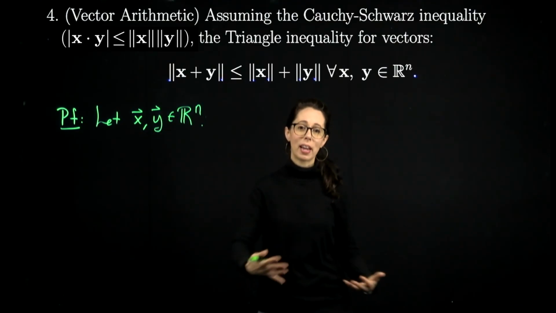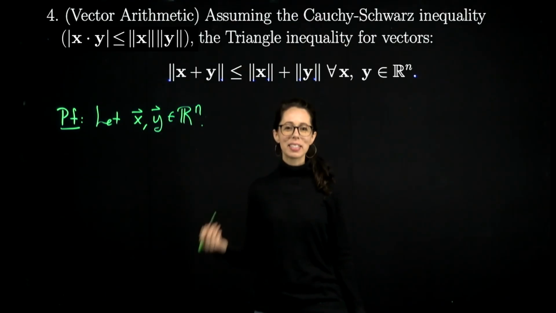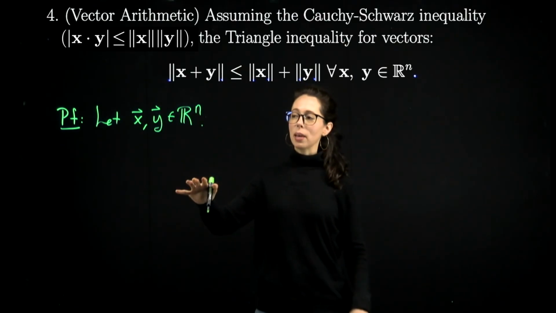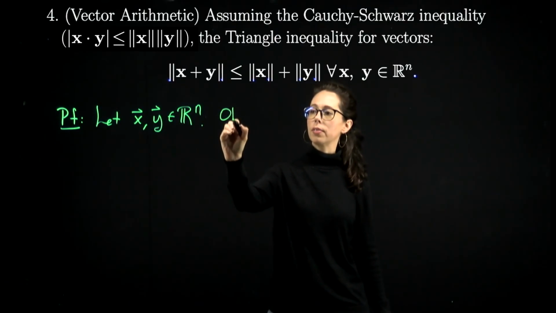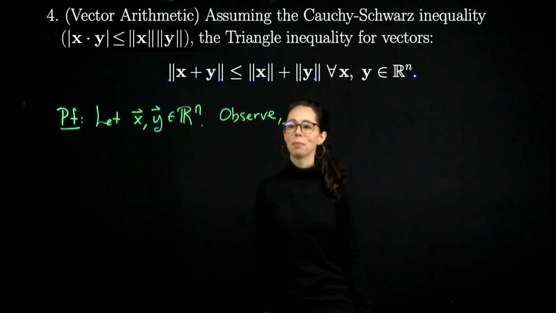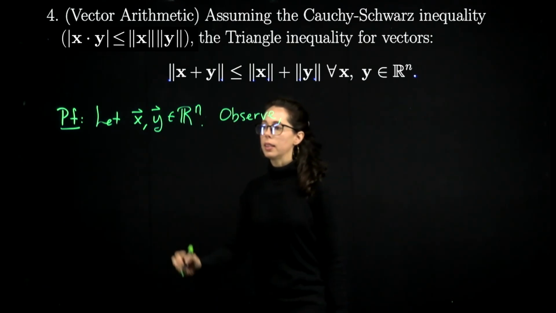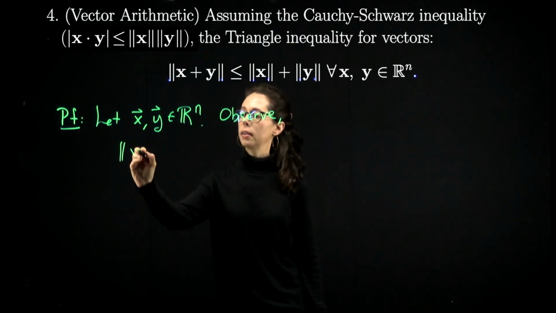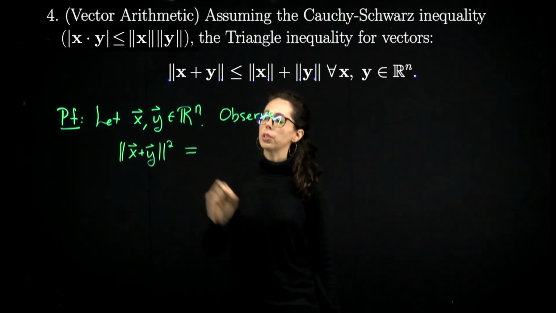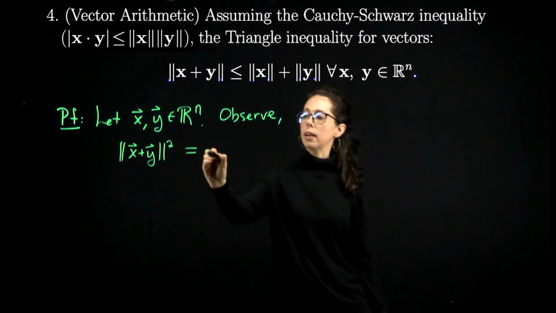We just want to make it part of a nice narrative, so it will be part of a complete sentence. Taking the work we did and making it a complete sentence can be as simple as just dropping the word observe up here. Observe some math. The length of x plus y squared is equal to the dot product of x plus y with itself.